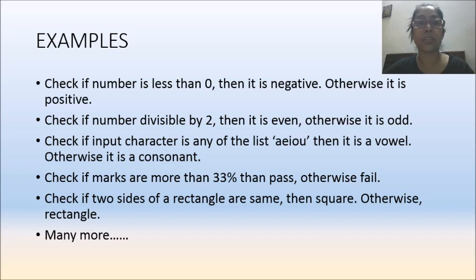In this percentage one, you can read the marks of Hindi, English, Maths or any 5 subjects in 5 variables, then find out the percentage, and for that percentage you have to check whether the student is pass or fail by checking if the percentage is less than 33 or not.